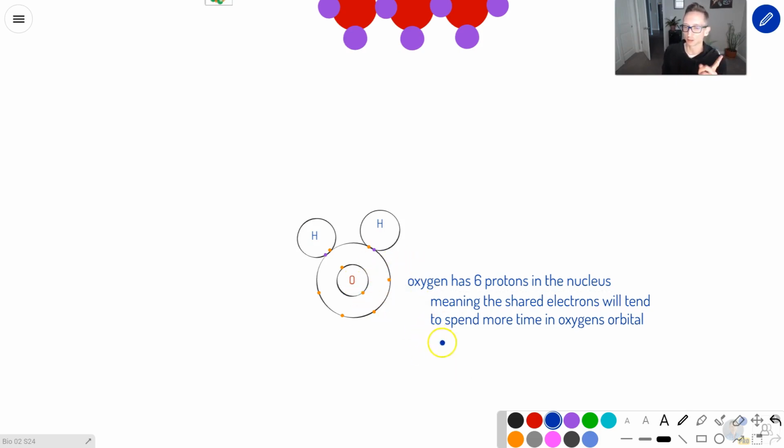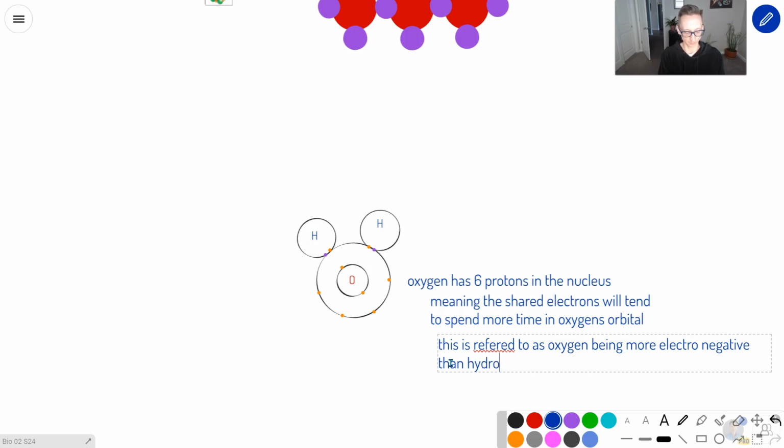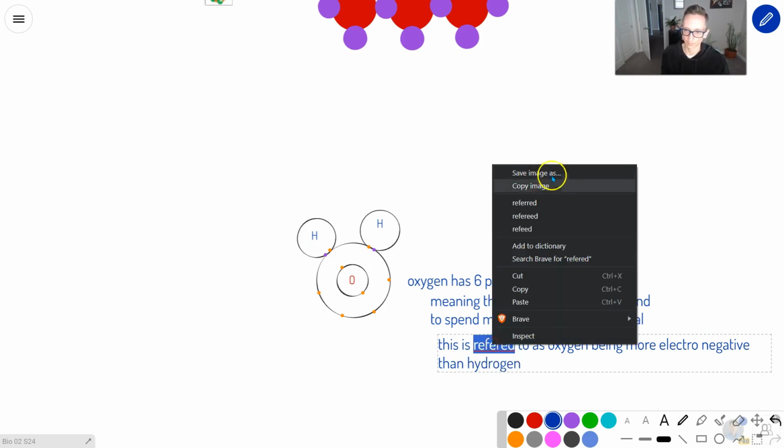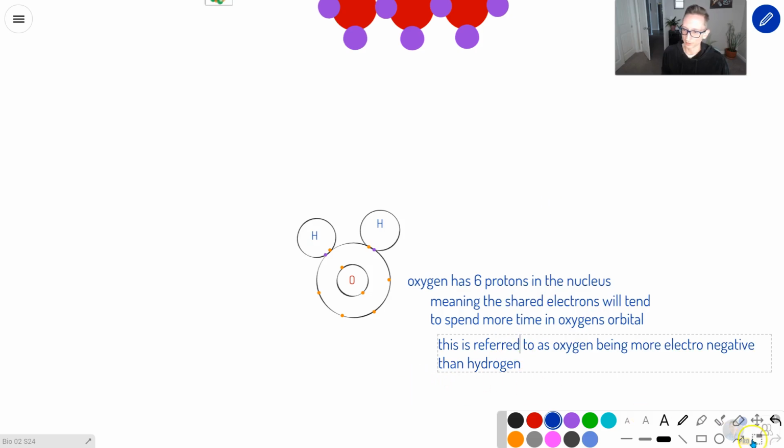That means oxygen is electronegative. This is referred to as oxygen being more electronegative than hydrogen. All right, does that make sense?